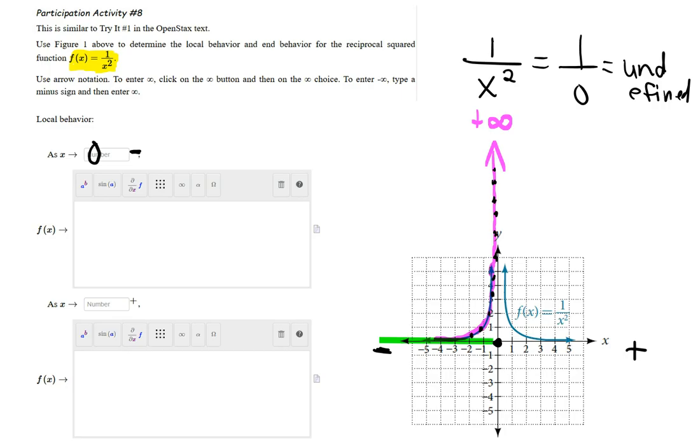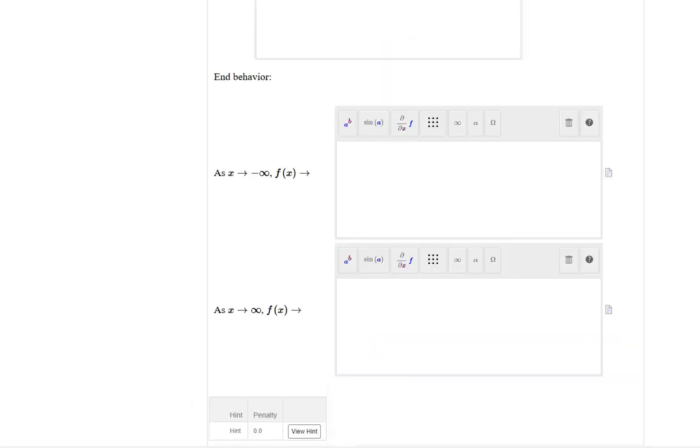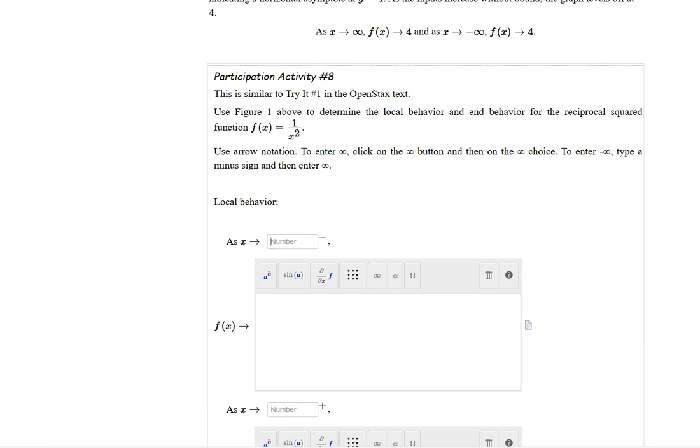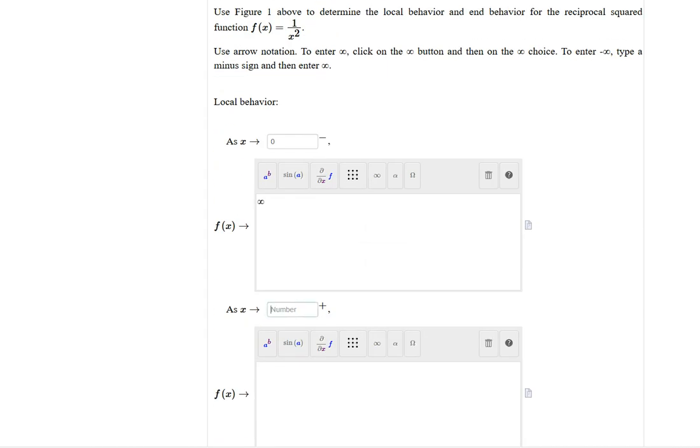So you click on this button here so that an infinity symbol shows up. Let me jump back to here. There it is. So as x approaches 0, we get infinity, and just click on the infinity symbol. Then we're going to say as x approaches 0 from the positive side.